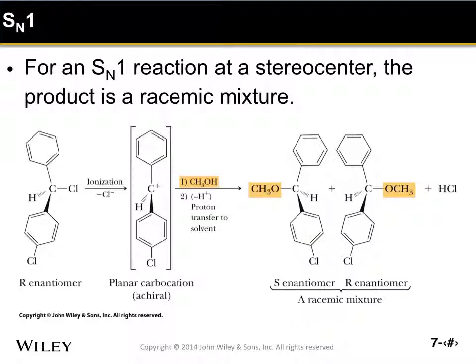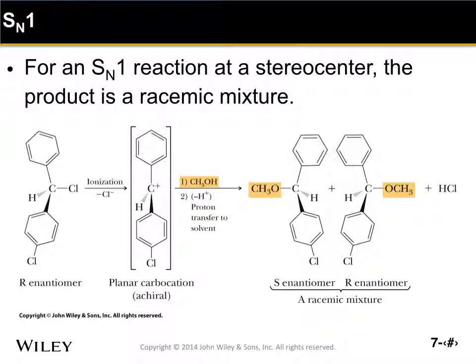There is a unique feature of an SN1 reaction that we need to be aware of, and that's the possibility that we can get a racemic mixture. So in this particular case, we've got a secondary alkyl chloride, or chloroalkane. Either of those is correct.